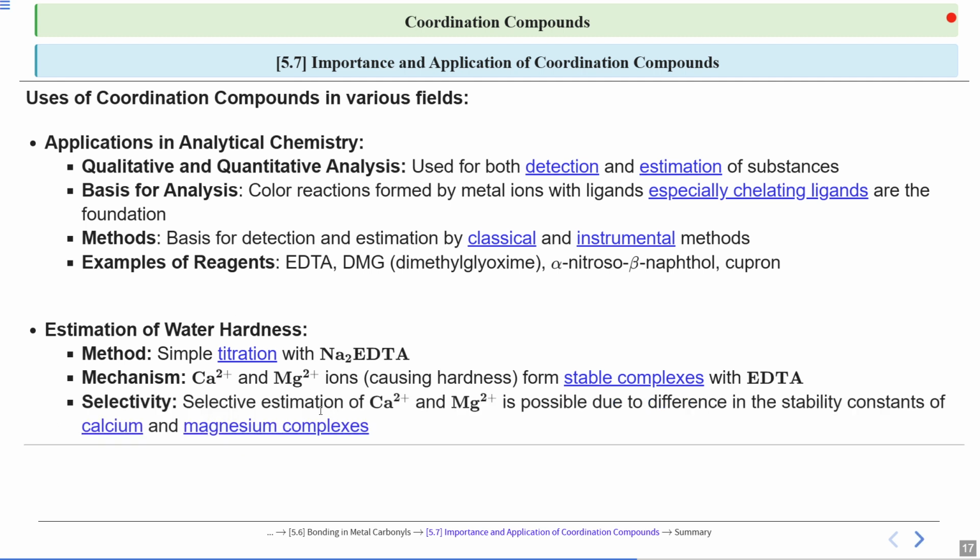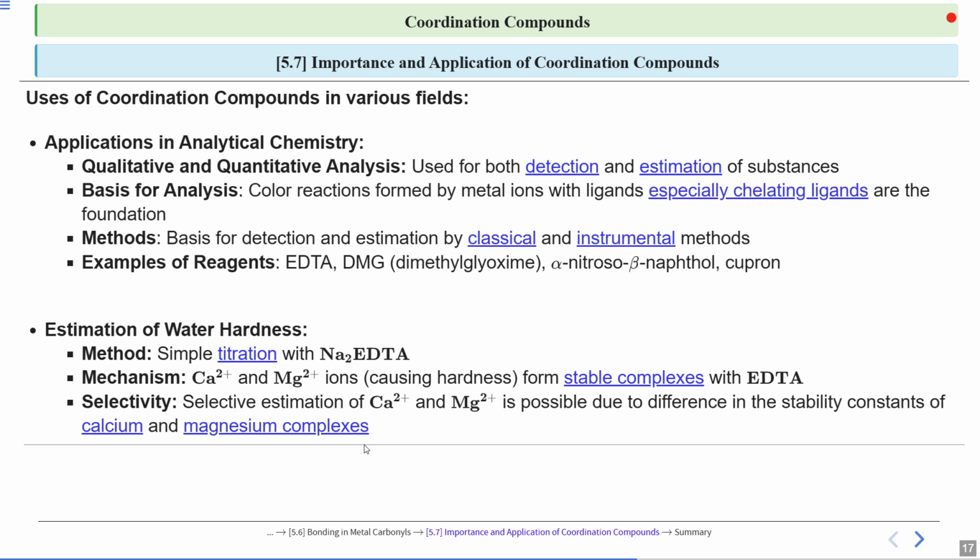Selectivity. Selective estimation of calcium 2 positive and magnesium 2 positive is possible due to the difference in the stability constants of the calcium and the magnesium complexes. Because the stability constants are different for the calcium and magnesium complexes, we can selectively estimate the calcium 2 positive and magnesium 2 positive ions.